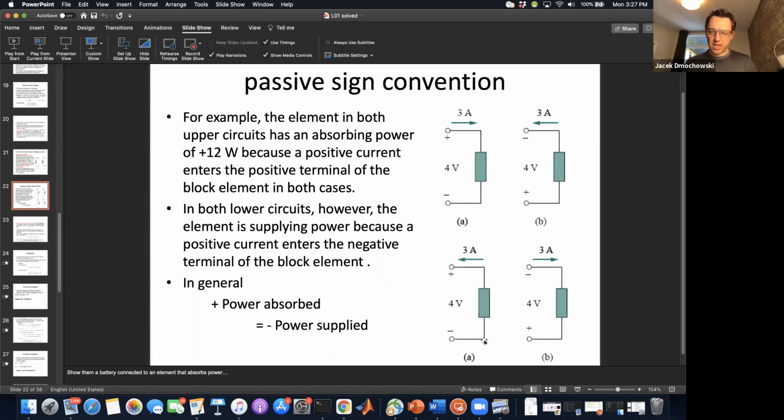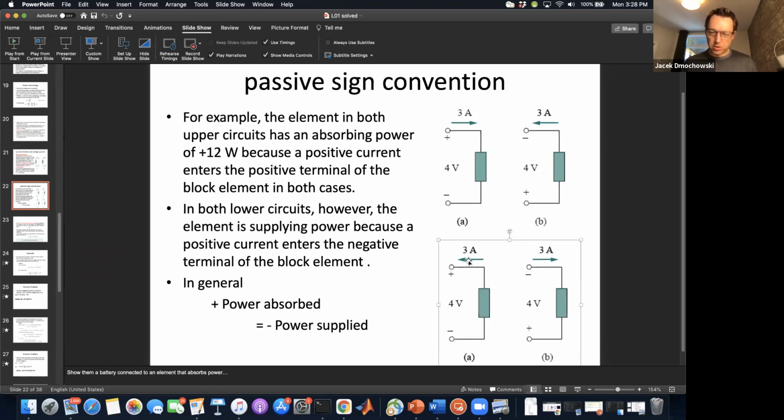Why? Because the positive current of 3 amps is coming into the bottom, or the negative terminal of this element, right? This is the negative terminal end of this element, of this green rectangular box. And the 3 amp current is entering that negative terminal.